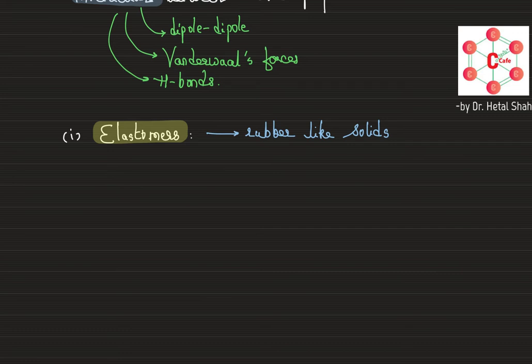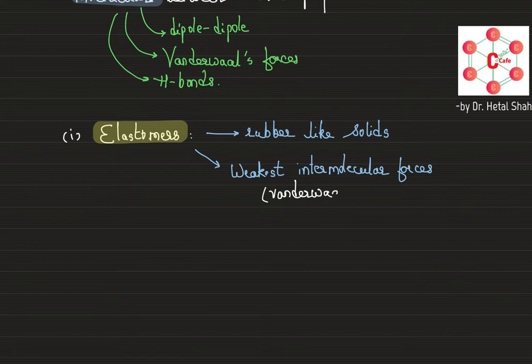And it has been found that they have the weakest intermolecular forces. They have the weakest. Ideally, they have van der Waals forces. And this is the weakest type of force that you have.